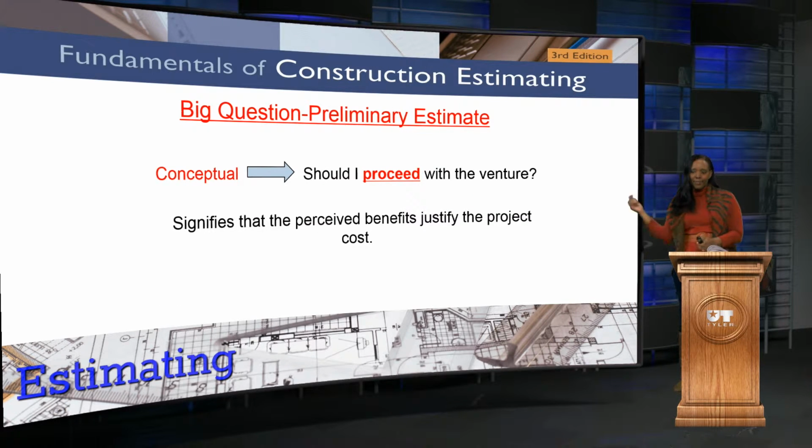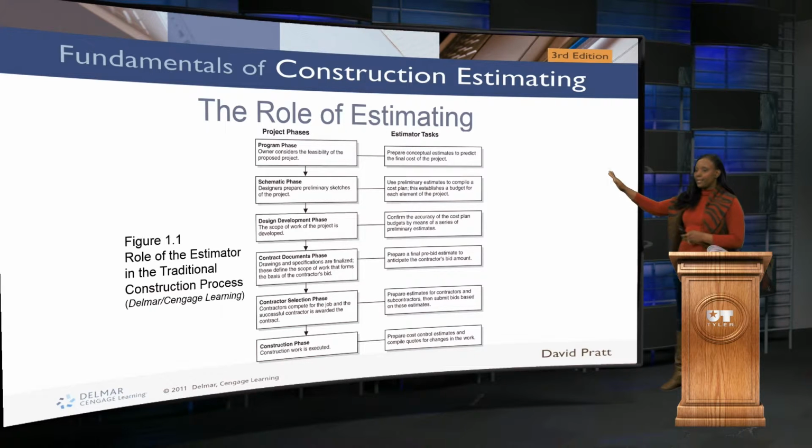Now, I'm going to refer back to that table, but one of the big questions that we're going to ask once we get into the preliminary estimate. So if we look at this, the preliminary estimate is right here in the middle area, okay? So that's where we start talking about preliminary estimating.